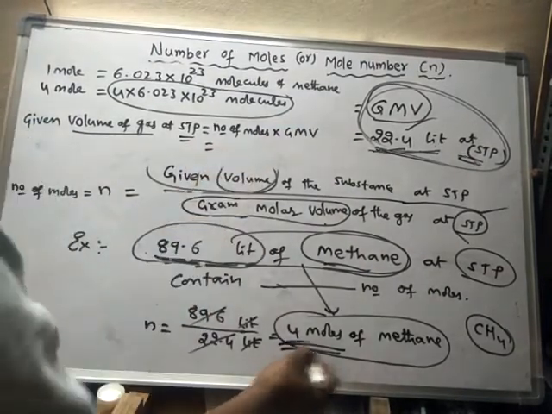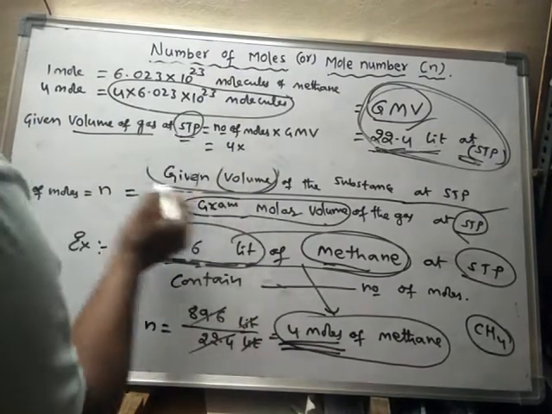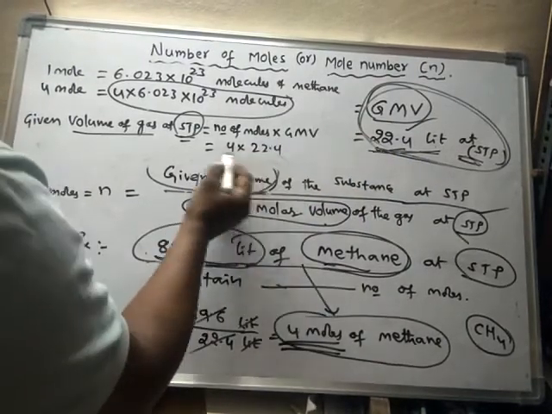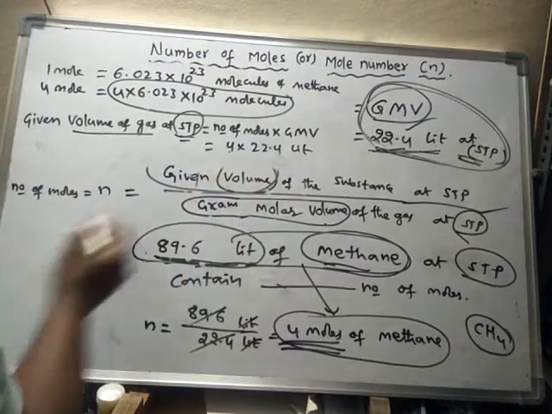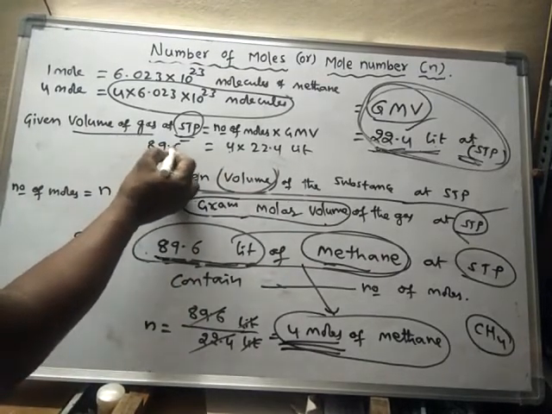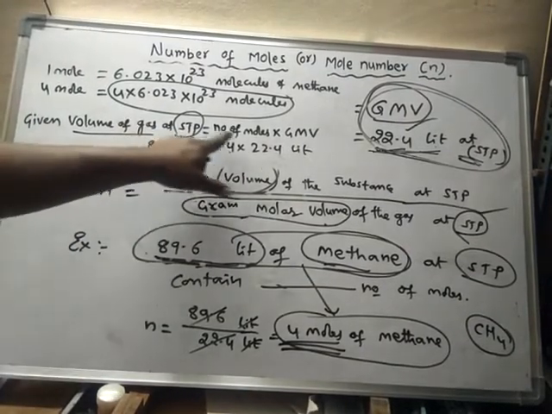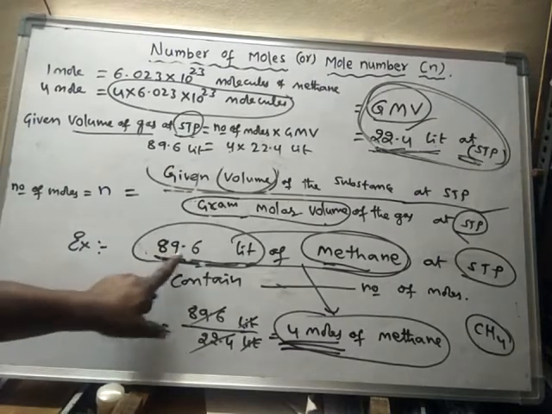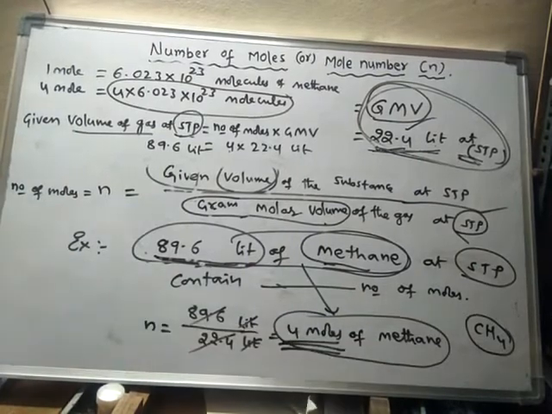Suppose it is 4 moles, and the gram molar volume at STP is always 22.4. So it will be 4 into 22.4, that means 89.6 liters. So even with this formula we can find that value. We already know that 89.6 liters of methane contains 4 moles of methane.